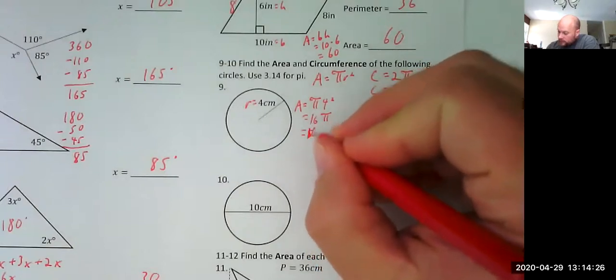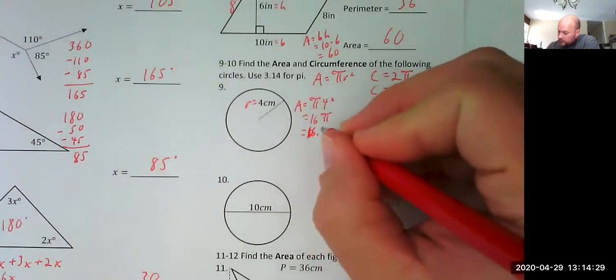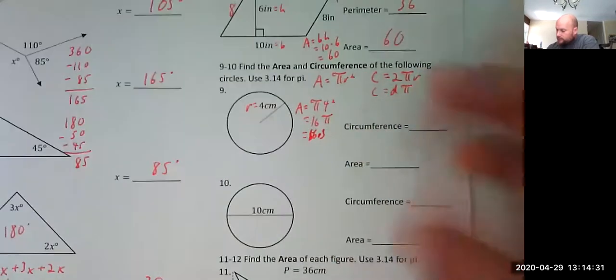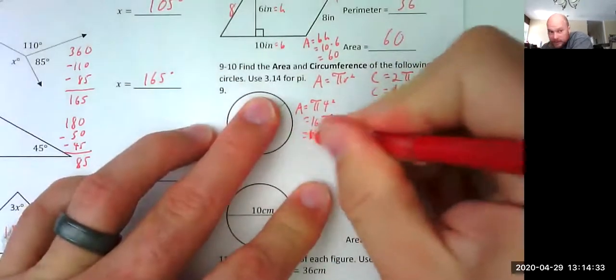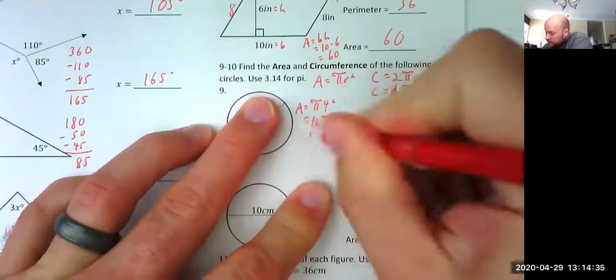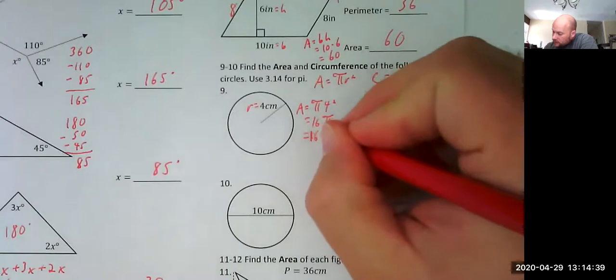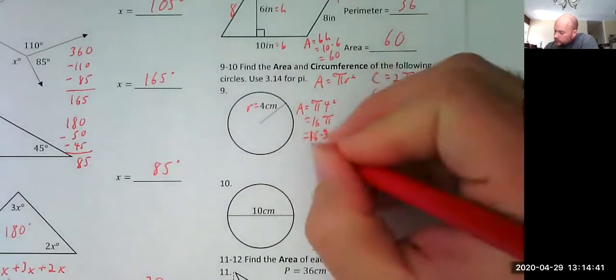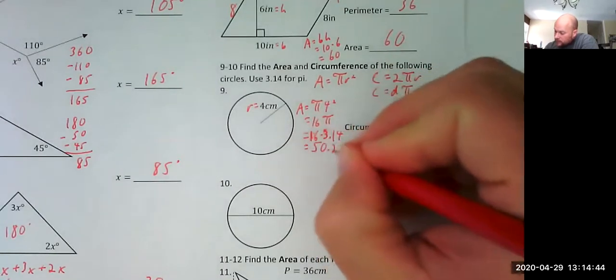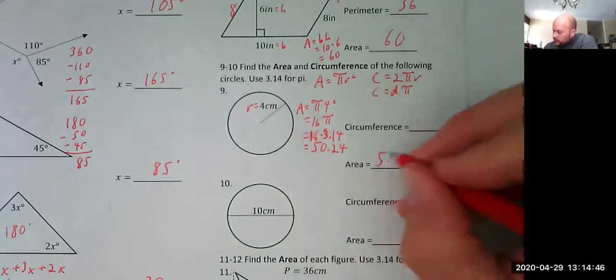Whoops, let's write it out for 16 times. Just read that, that's messy. 16 times 3.14 gives us 50.24. That's for area.